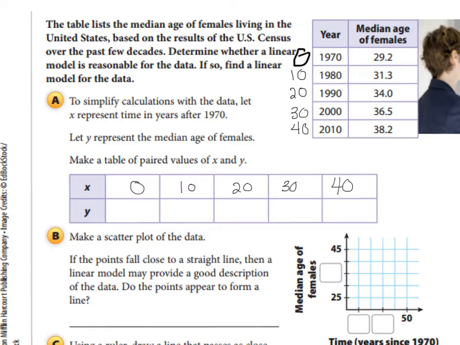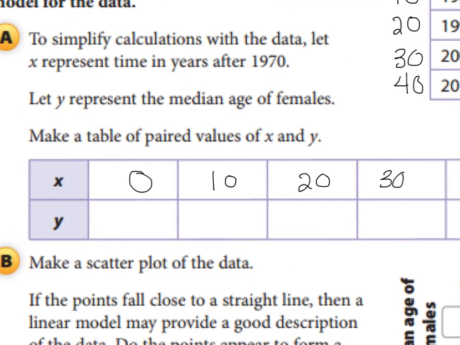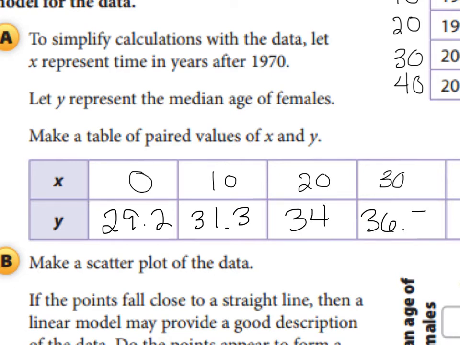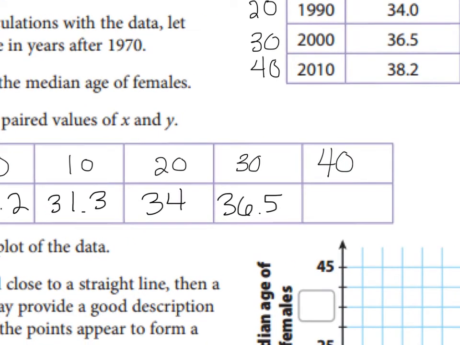So that will still be 29.2, 31.3, 34, 36.5, and last but not least, 38.2.